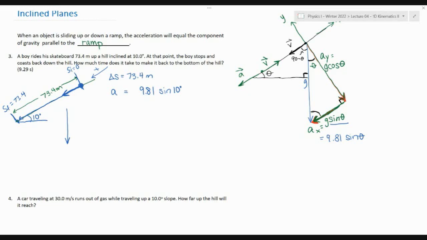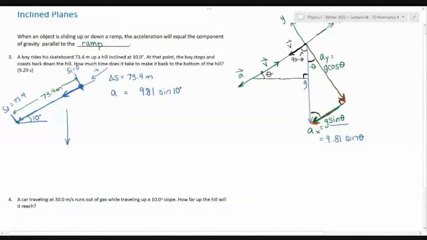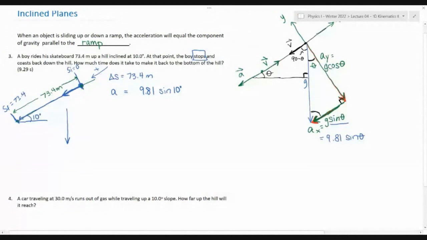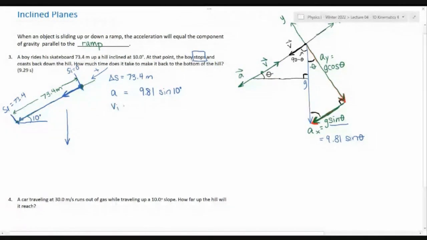What other piece of information do we know in this question? And it's from this word right here. What does that tell us? Yeah, the V initial is 0. So initially, right before the boy coasts down the hill, his velocity is 0.